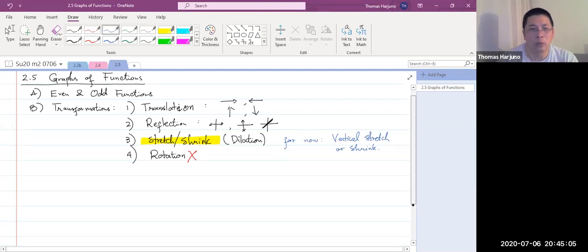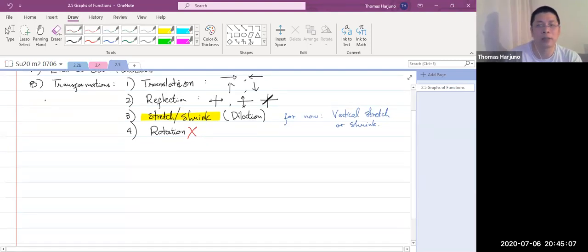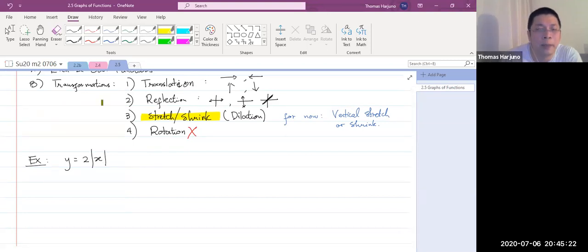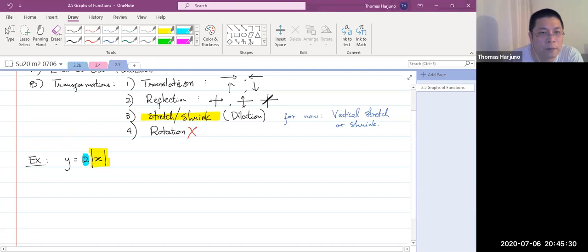Now, I will start with this. I will go to an example right away. I will start with, for example, how about y equals 2 times absolute of x. So the basic function is absolute of x. That's the basic function. And then I stretch that vertically by a factor of 2.